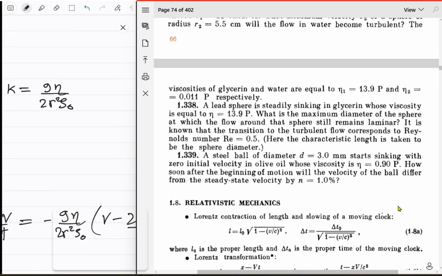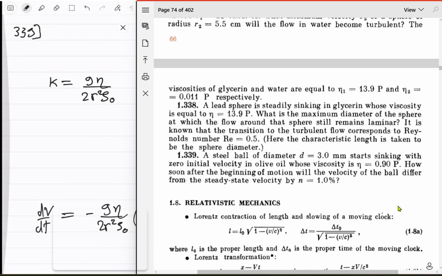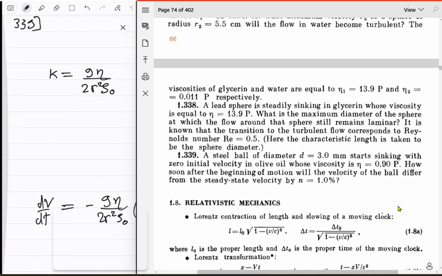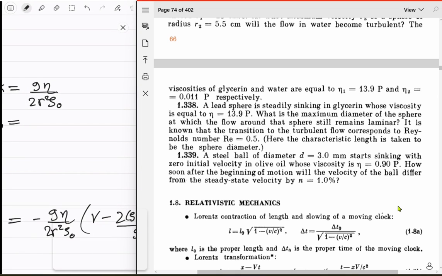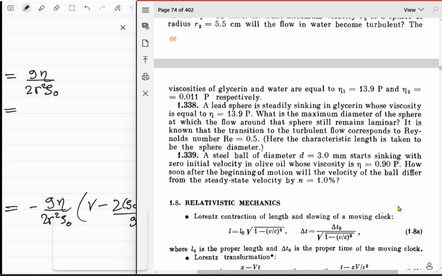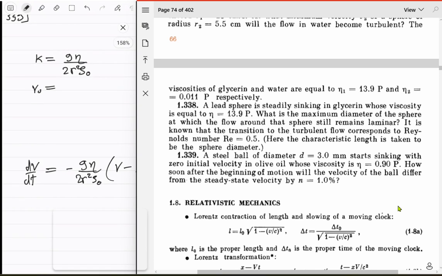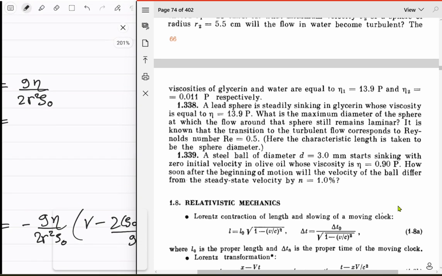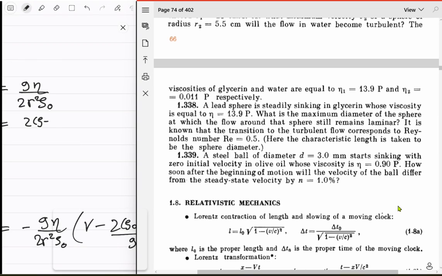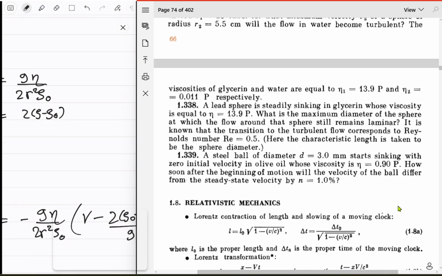And we'll just say V naught is equal to, so V naught will be the velocity finally, right? So after infinite time, V naught will be, because that's when dV upon dt will become 0. So V naught will just be this thing, 2 rho naught minus rho r squared g upon 9 eta.